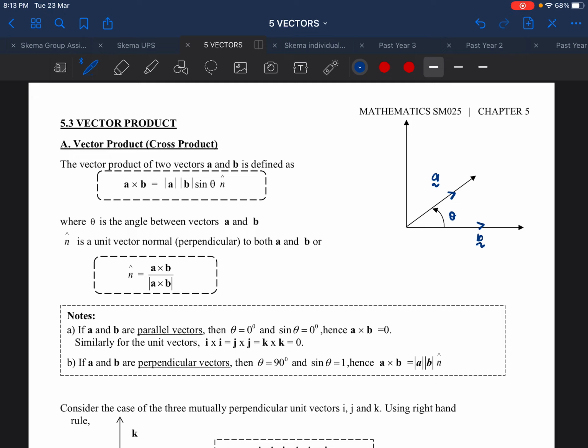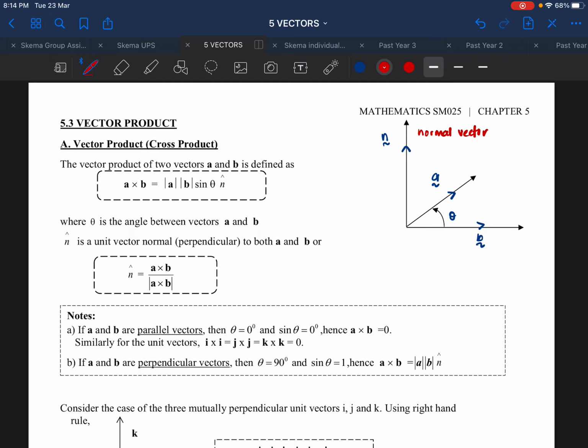So, apa maksud A cross B tu? Bila A kita crosskan dengan B, dengan angle theta dekat sini, apa yang kita akan dapat ialah normal to both vector A and B, kita akan dapat normal vector. Ini adalah normal vector kita, perpendicular. So, perpendicular to vector A and B kita sebut sebagai normal vector.